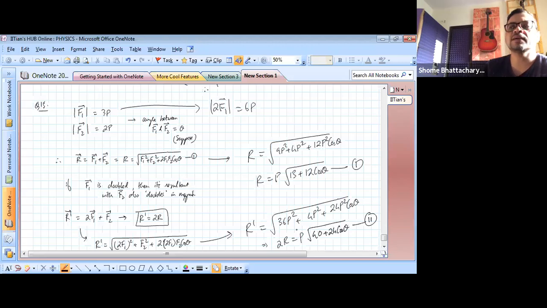So I think we'll get cos theta as minus half, which means theta is 120 degrees.